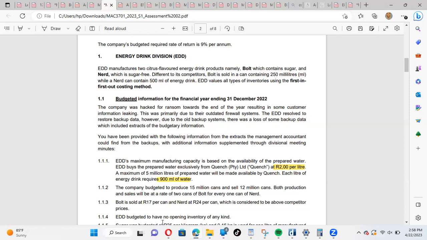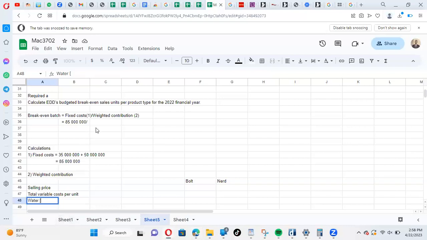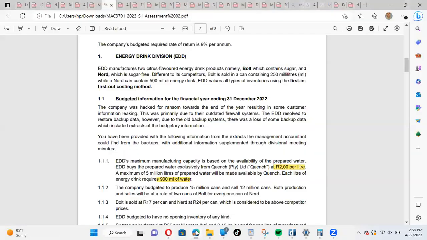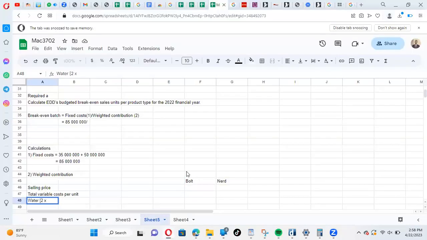All right, so let's put that down there. It's going to be 2, which is the cost. And then we know, times 900, which is this amount here. Each liter of energy drink requires that one there. So it's basically 900 divided by 1,000, which is 0.9, but we need to put it the right way.